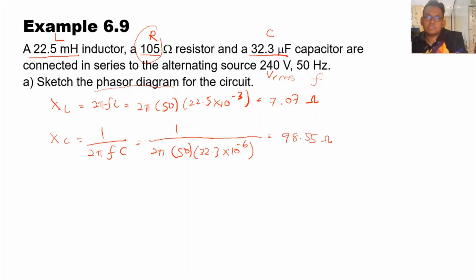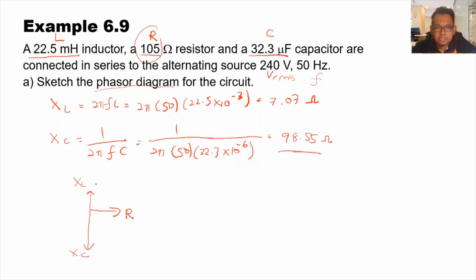So what will be the phasor diagram? It will look like this. To the right is always the resistance. So resistance, and look here, which one is greater? XC is greater. That means the arrow downward is longer than upward. So this is our XL and this is our XC.